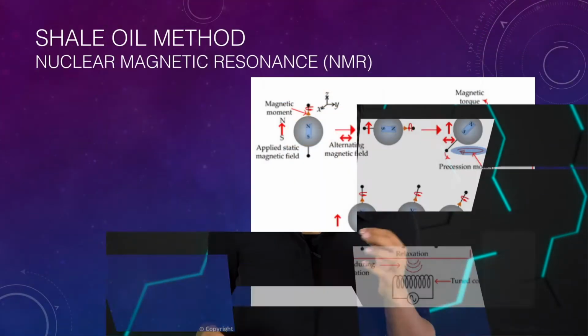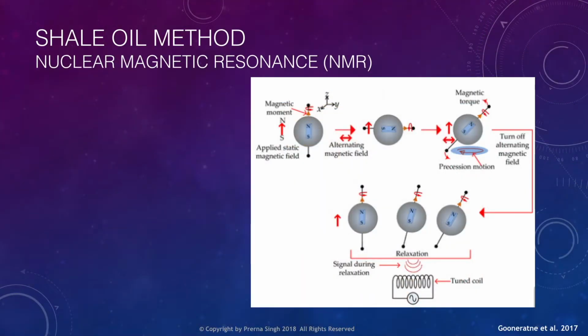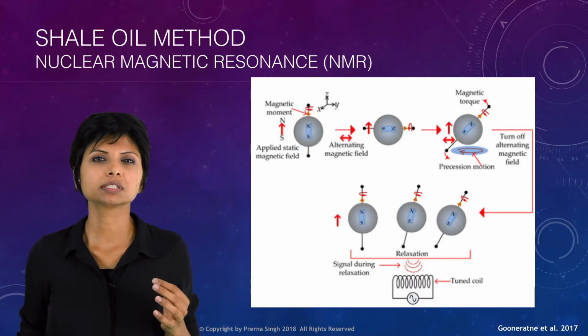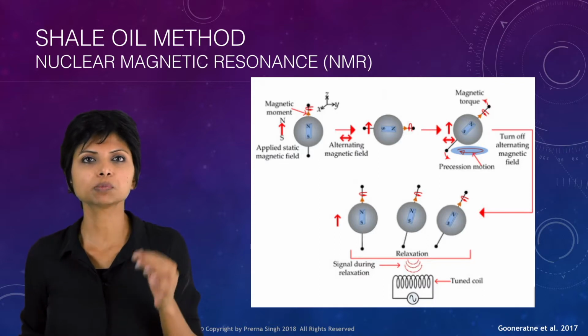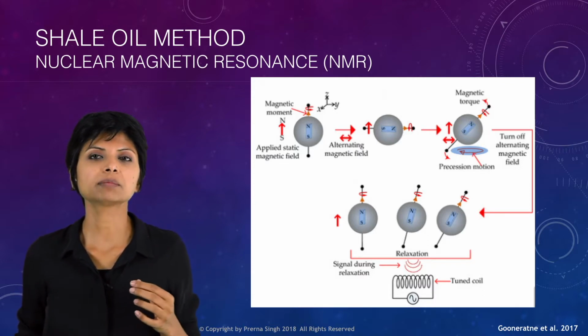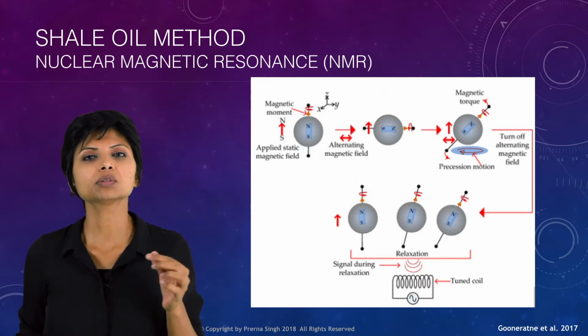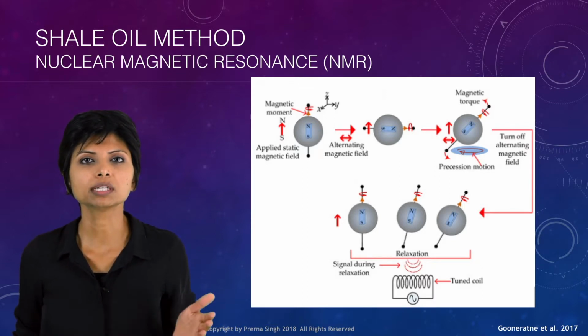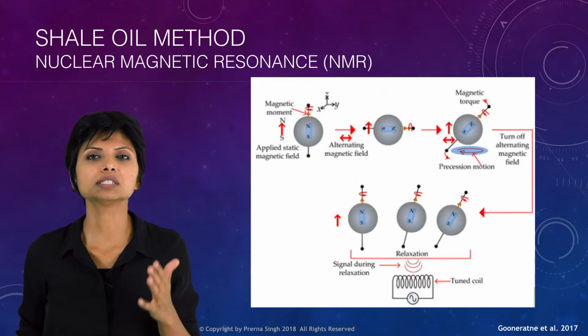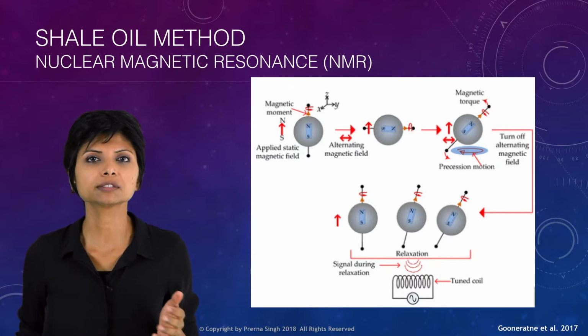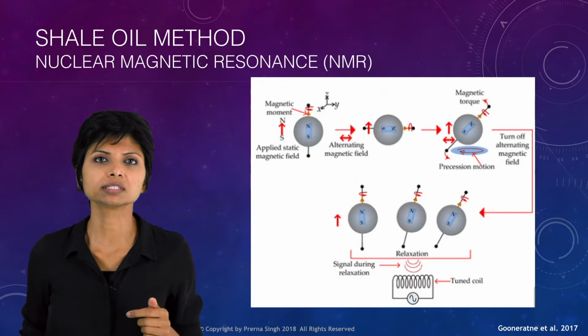Now, before we get further into the interpretation part, let's delve deep into the workings of NMR. NMR works by manipulating the hydrogen proton contained in water or hydrocarbons. These protons are first exposed to a large external magnetic field, a static magnetic field, which makes the protons or nucleus align themselves with the direction of the external magnetic field, in the z direction in this case.